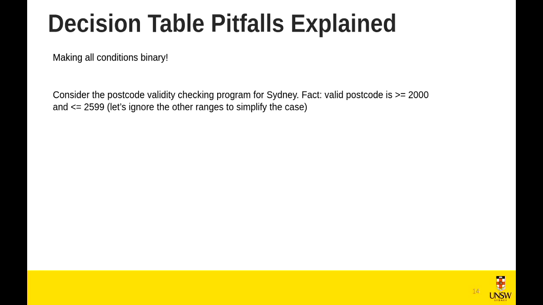Let's consider a program that helps us check the validity of a postcode in Sydney. In reality, Sydney has several different ranges for valid postcodes, and one of them is between 2000 and 2599.